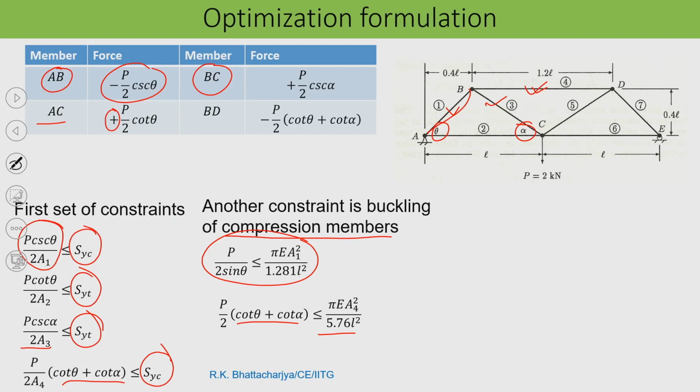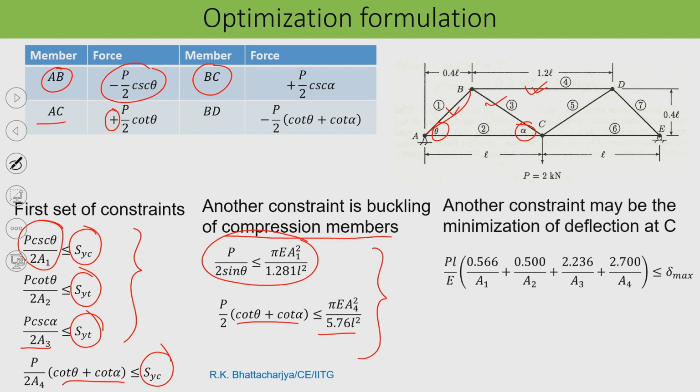If you put these two constraints along with the first set of constraints, then whatever cross sections you get will be safe enough to take the compressive as well as tensile stress, and your member will also not fail in buckling.